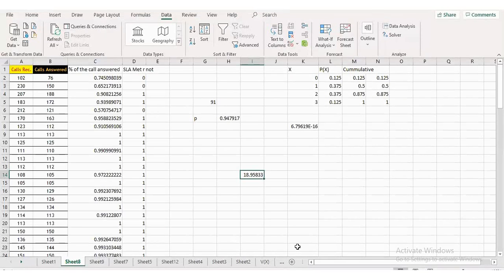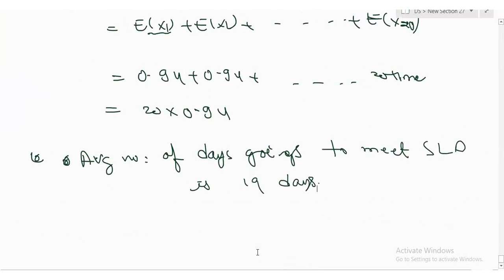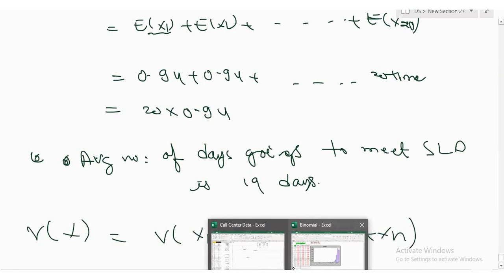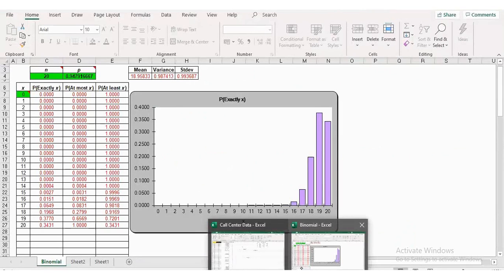What about V of X? For everything, I need to calculate E of X and V of X. Again, V of X1 plus X2 plus up to Xn, but each is a random variable, independent of the other. Day one is not going to influence the second day. So these are independent, and the covariance terms will become 0.